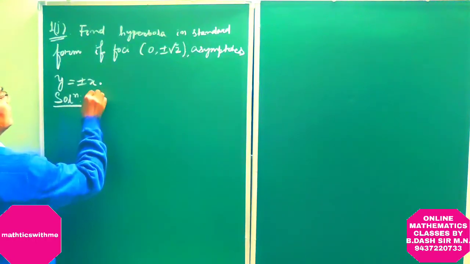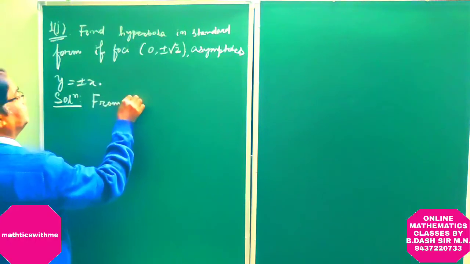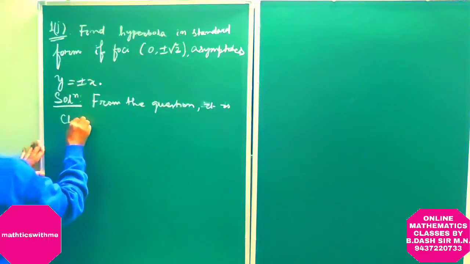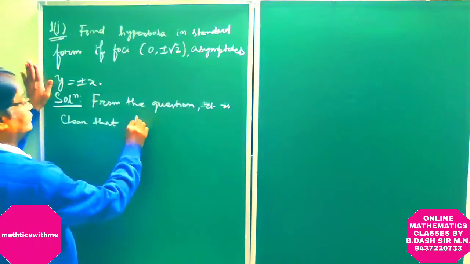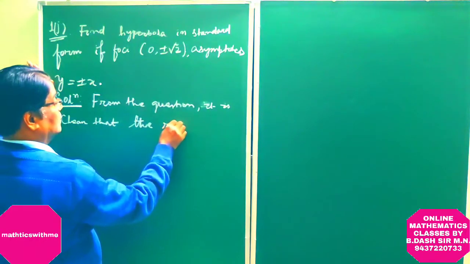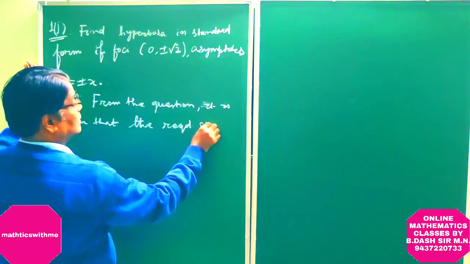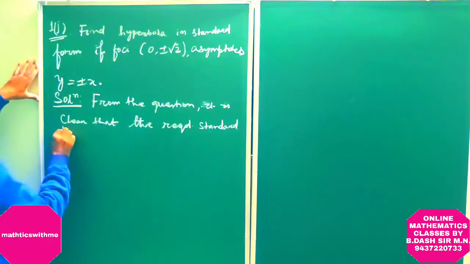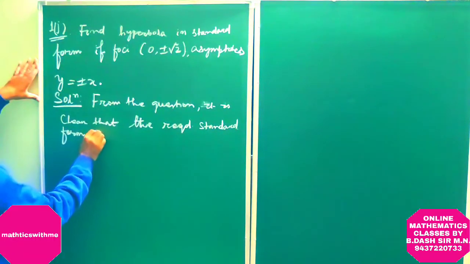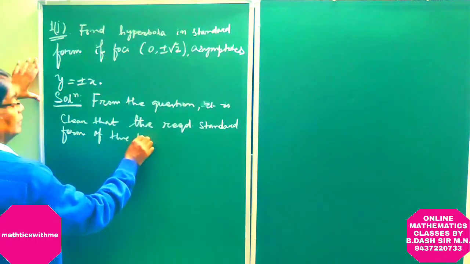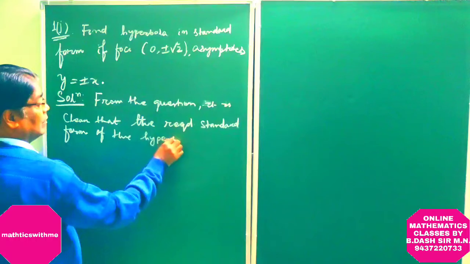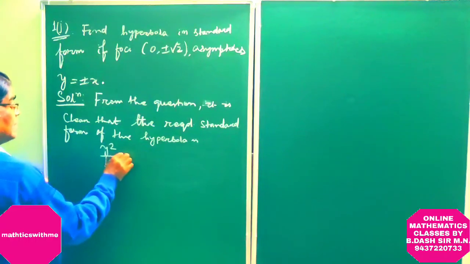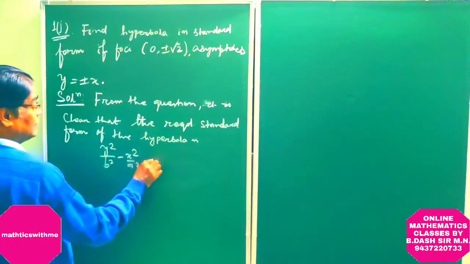From the question it is clear that the required standard form of the hyperbola is y square by b square minus x square by a square is equal to 1.